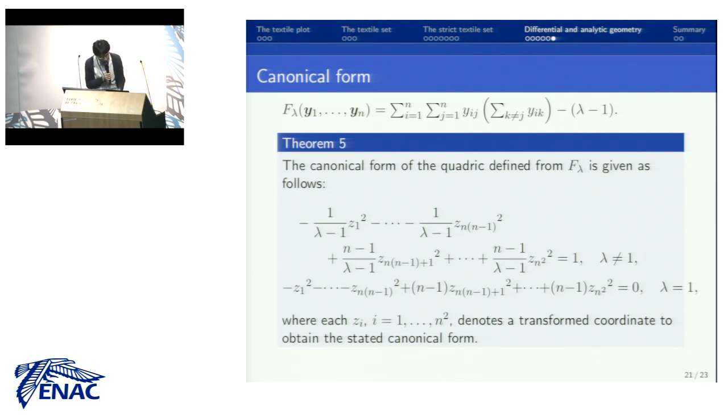And because this function is a quadratic form, it has a canonical form by using some linear algebraic tool. So the canonical form of this envelope of the textile set is given by this formula.